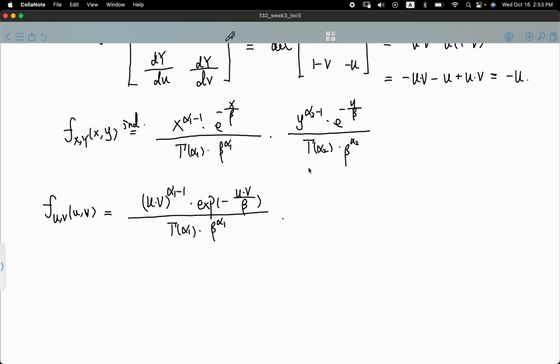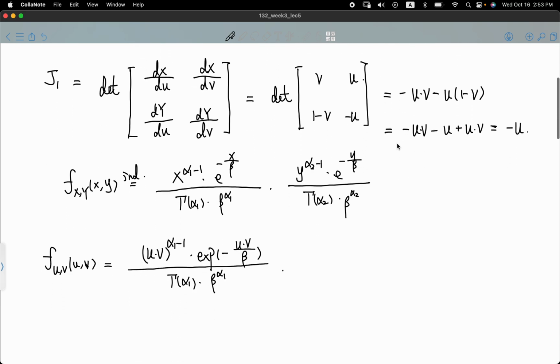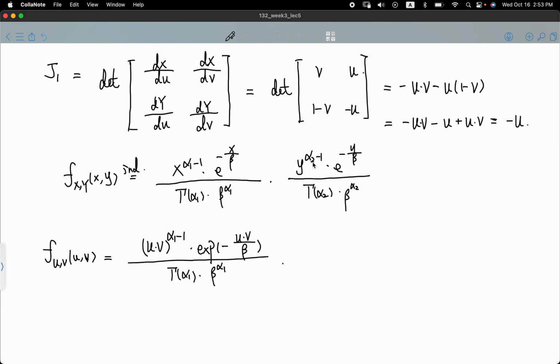Okay, and then for y, let's see, we rewrite y as u minus uv. So let's also write it down. We will have u minus uv to the power of alpha 2 minus 1, exp of negative u minus uv over beta.